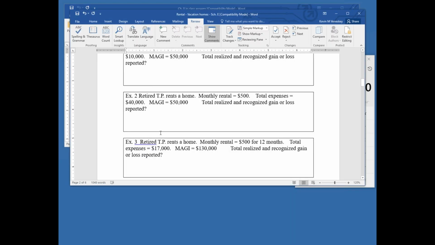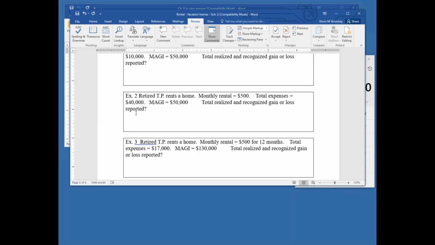All right, this number 2, the only difference is the expenses went way up. Now this probably would never happen. I can't imagine a scenario where you'd have 40,000 in expenses. Perhaps maybe with a lawsuit you could, but if you put on a new roof and do things like that, those are considered capital expenditures, and you actually have to add those into the house and depreciate them over the life.